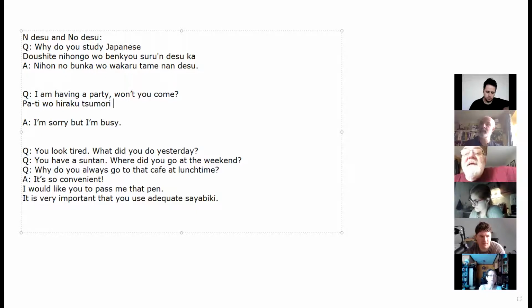Tsumori. Okay, so you can use ndes here possibly as well. つもりです。 Sorry, tsumori is also a noun actually. なんです。 Nandes. 来られないんですか? Yeah, good.